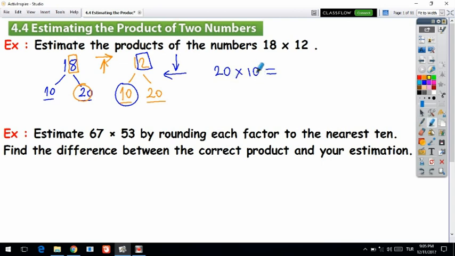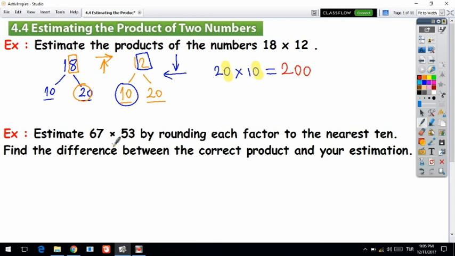Now let's close the zeros at the end of the numbers. What numbers are left? 2 and 1. Now let's multiply: 2 times 1 is equal to 2. Then I bring the zeros back to the result. Your answer is 200.